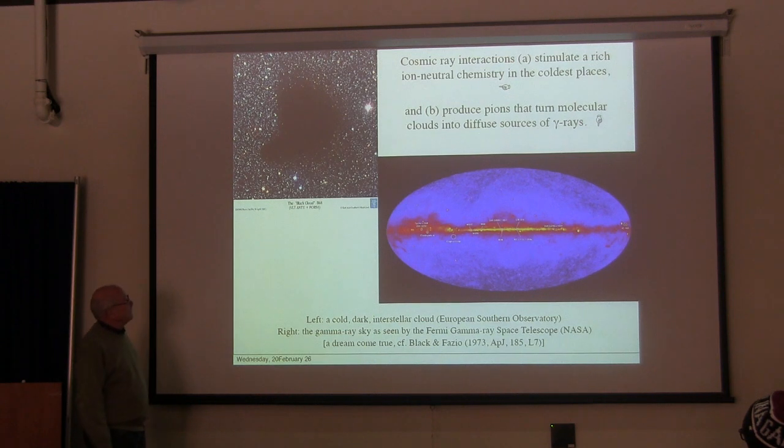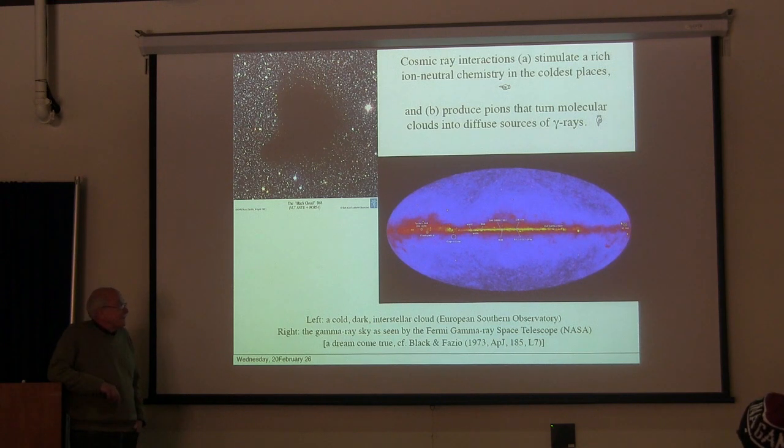There's one other thing. Cosmic rays are so energetic, the ones with 100 gigavolts of energy per nucleon, can do very interesting things. They can cause nuclear reactions to occur in the interstellar gas.